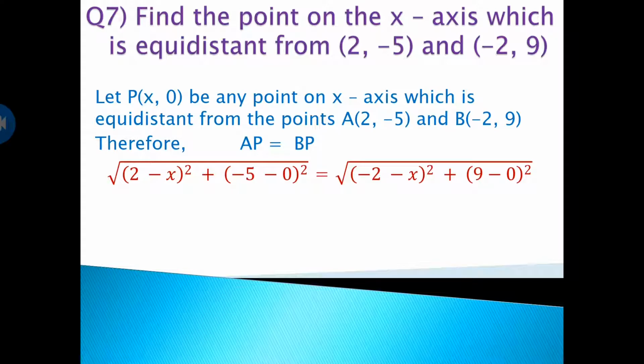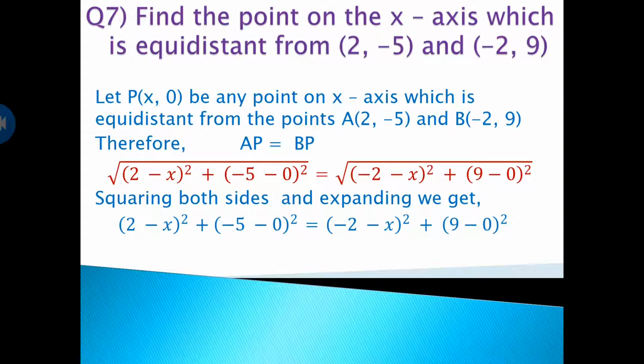So we get under root (2 minus x) whole square plus (minus 5 minus 0) whole square equal to under root (minus 2 minus x) whole square plus (9 minus 0) whole square. For removing this square root, we just take the square on both sides and after that we expand by using the identity (a minus b) whole square.